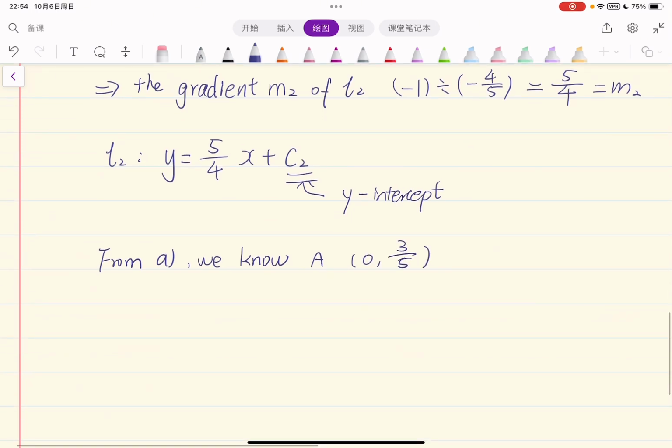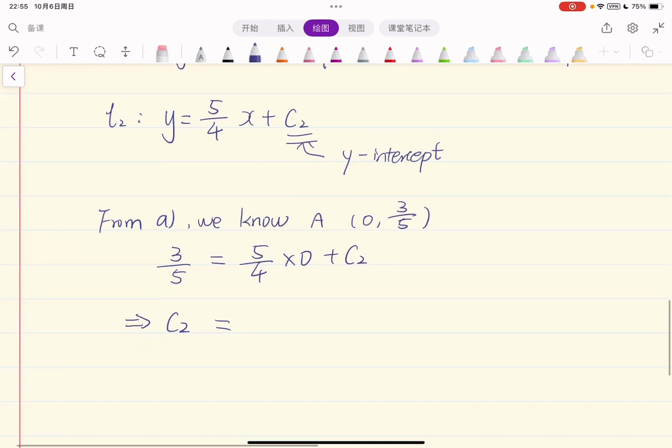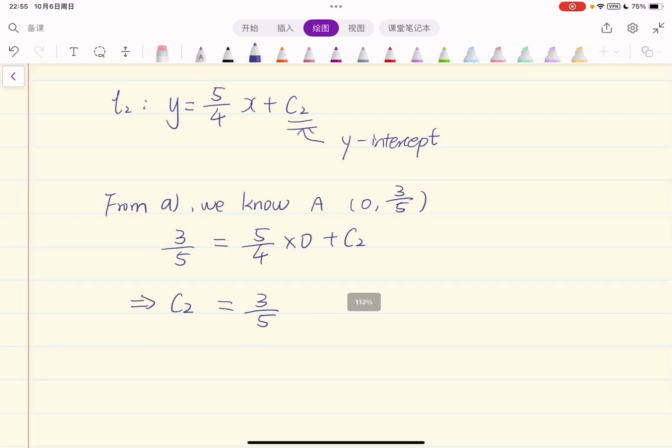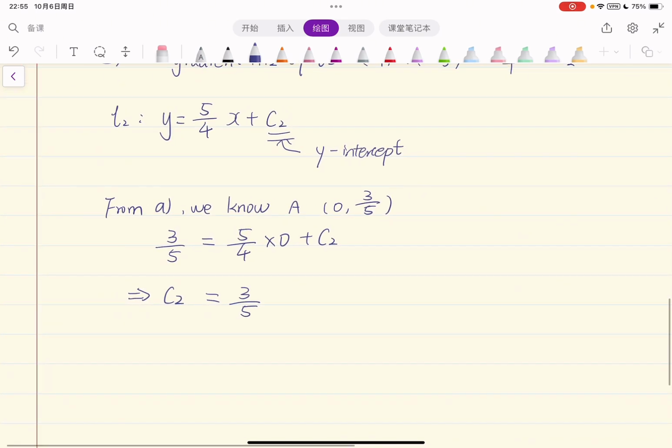So we substitute it into the L2 equation: 3 over 5 equals 5 over 4 times 0 plus C2, which means C2 equals 3 over 5. Overall, L2 has the equation y equals 5 over 4 x plus 3 over 5.